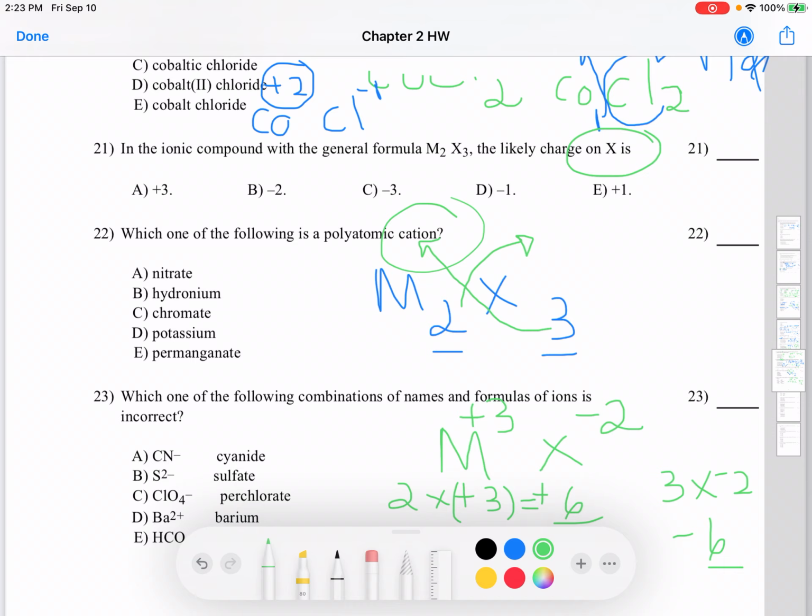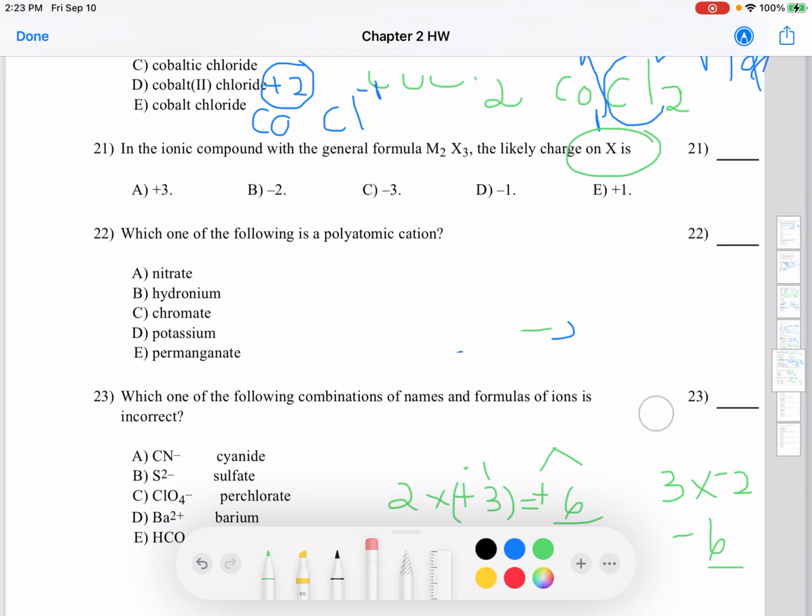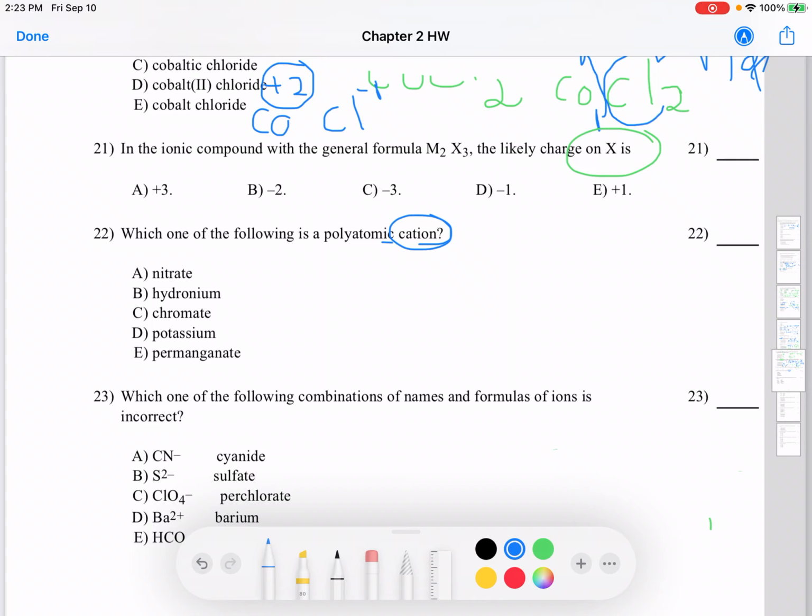Okay, so we are looking at cations. A cation is something positive and an anion is negative.